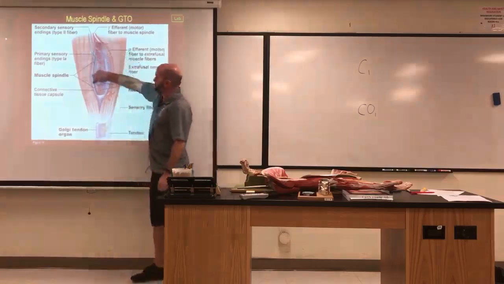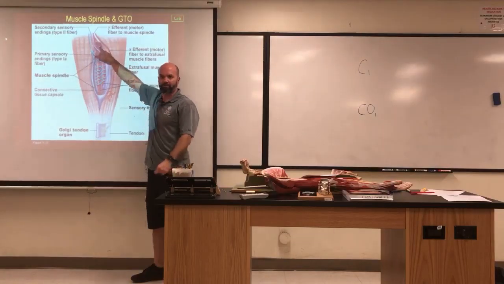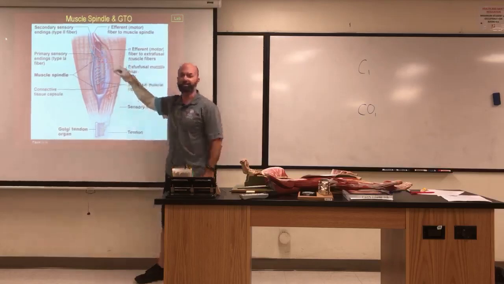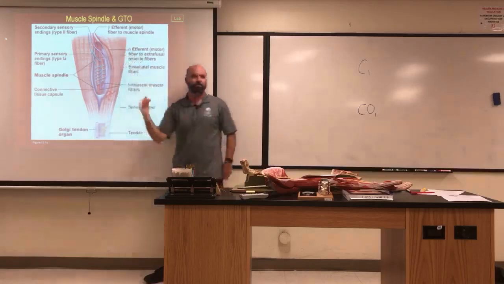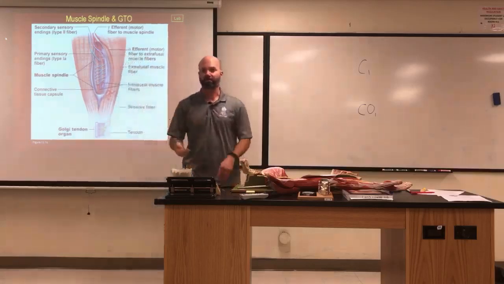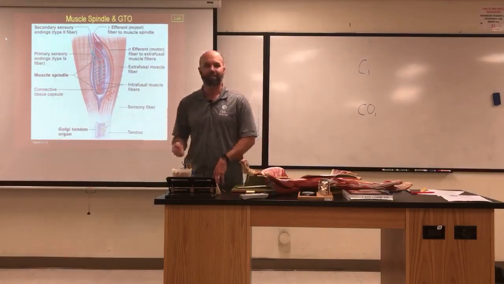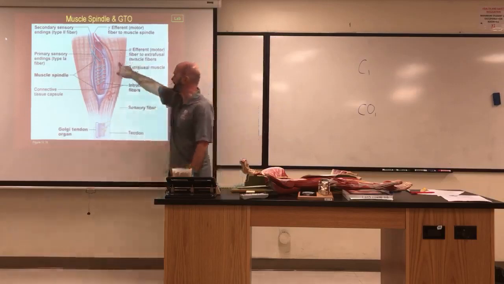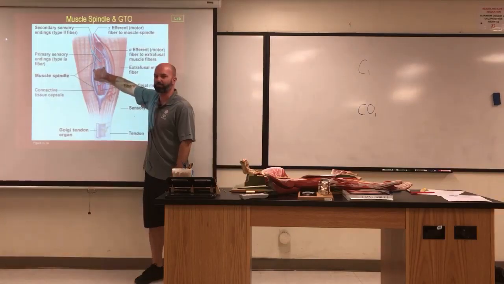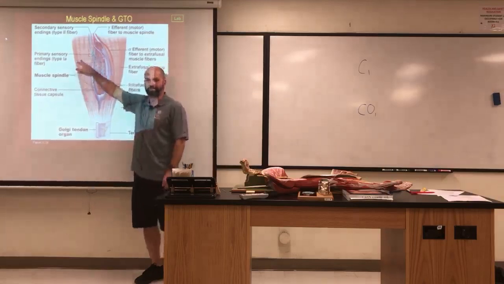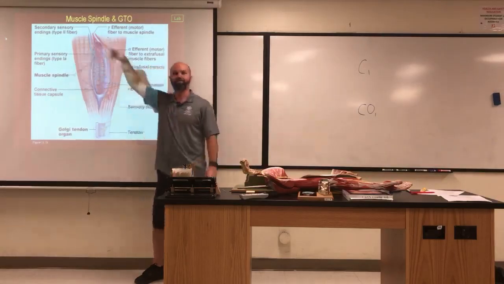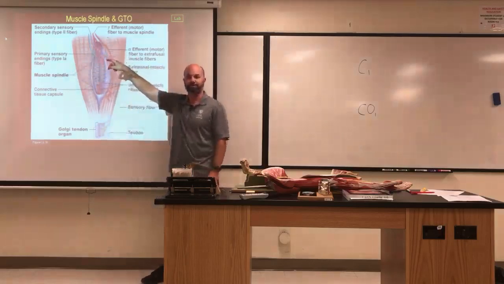So we've cut a window into the casing of this muscle spindle so you can see inside. When we talk about muscle fibers, just regular old muscle fibers, going back to chapter 9, we're talking about these ones outside of the muscle spindle. These are called extrafusal fibers, outside of the fusel, the muscle spindle.